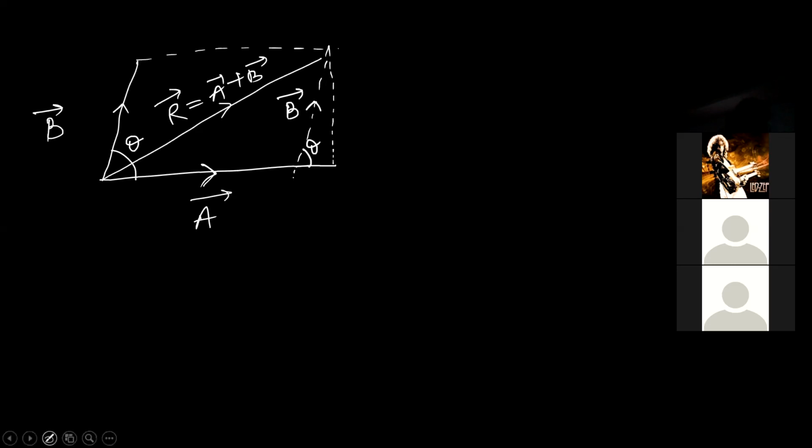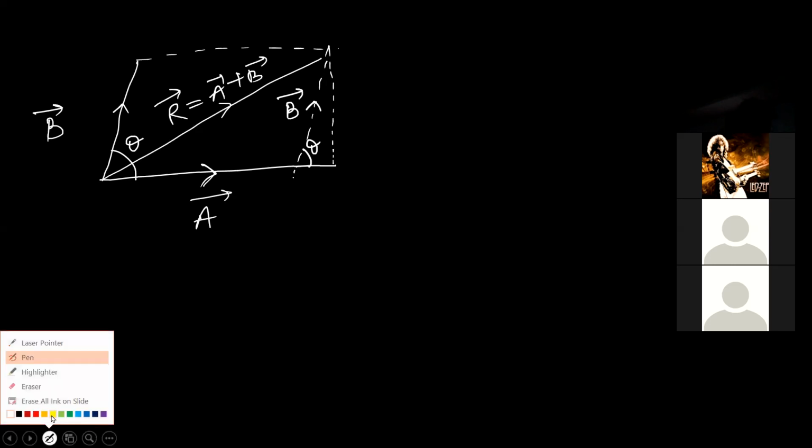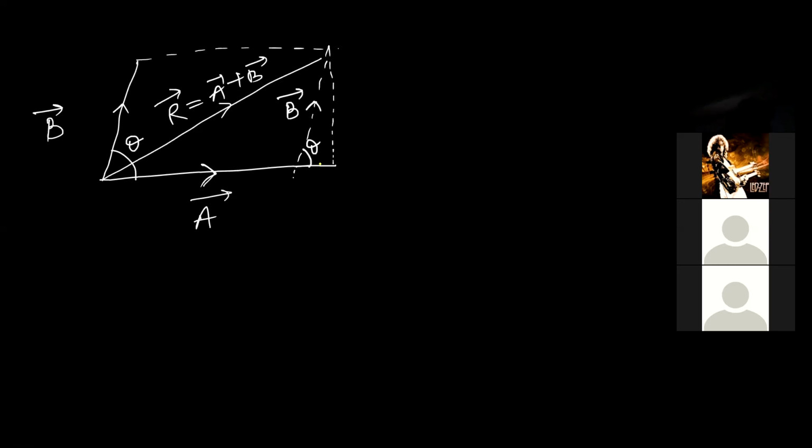That means along the base, which component should I write? If the B vector is working like this, obviously B cos theta will work along the horizontal axis, and B sine theta will work along the vertical axis.